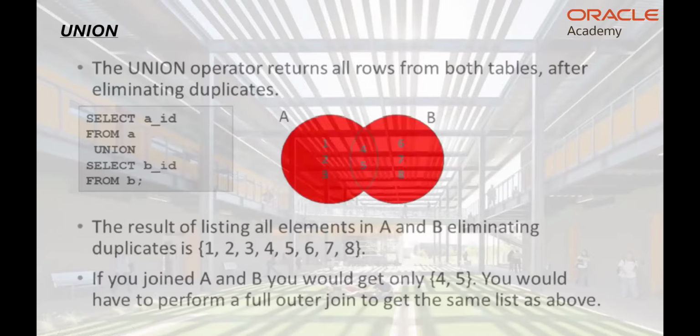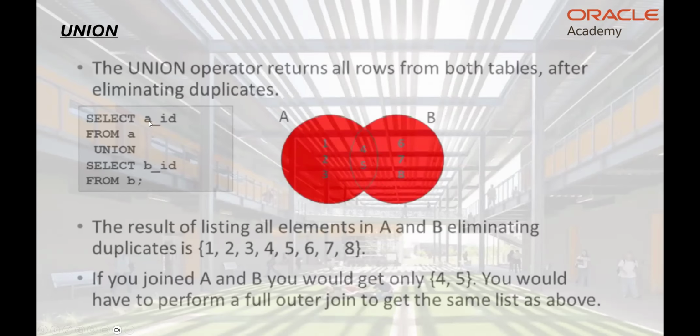All right, continuing to set the stage. Our first set operator is union. The union operator returns all rows from both tables after eliminating duplicates. In our two-table example, 1, 2, 3, 4, 5 and 4, 5, 6, 7, 8, the duplicates will be 4 and 5, like the intersection.